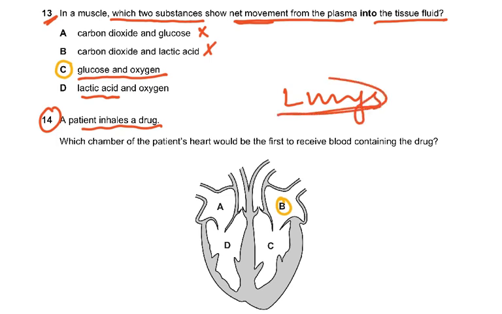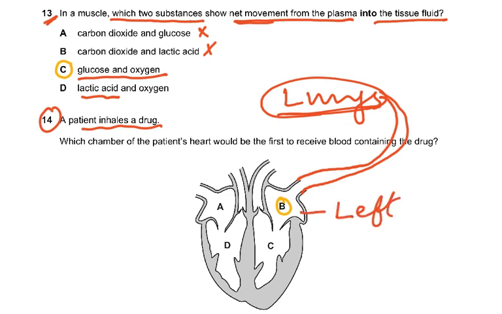From the lungs, the blood comes back through the pulmonary vein, and the pulmonary vein enters the left atrium. So they're just asking which chamber would be the first to receive blood containing the drug. So in the lungs, it comes to the left atrium, and this is the chamber which will receive this.